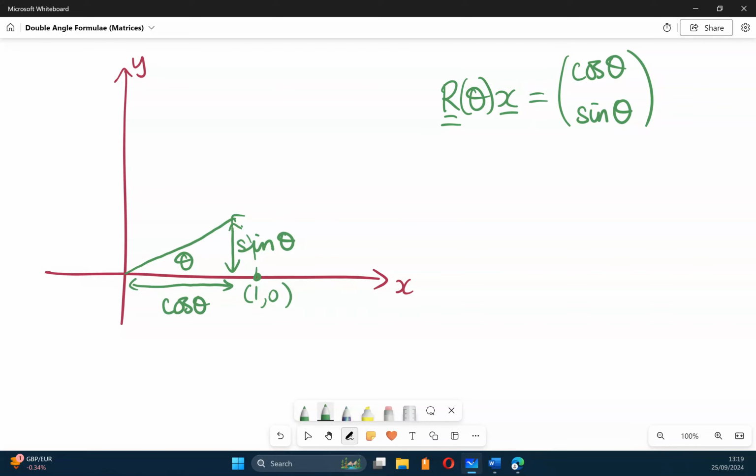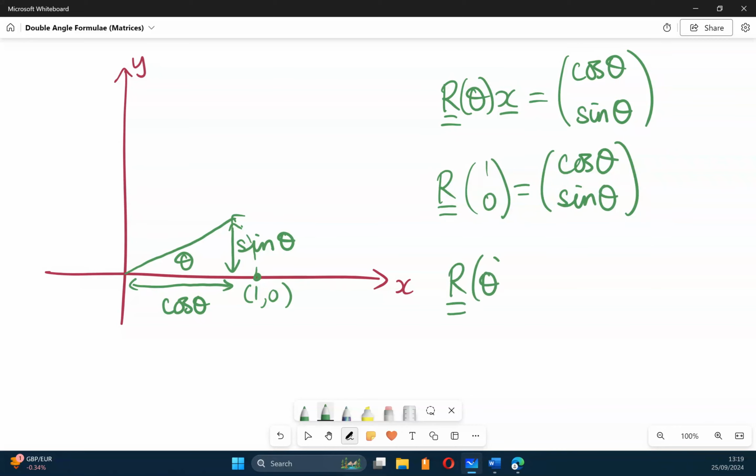So what we've got here is that the image, so this matrix R, when acting on 1, 0, gives us cosine theta, sine theta. So the first column of R of theta must be cosine theta, sine theta, and then this is B and D, which are still to be determined.